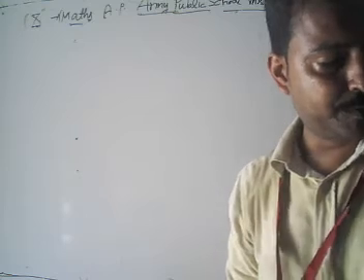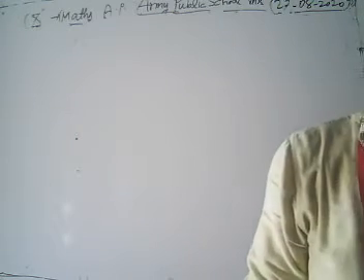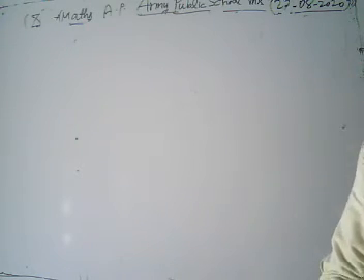Let's do another question. Look. If 8 times the 8th term of an AP is equal to 12 times the 12th term of the AP, then find its 28th term.